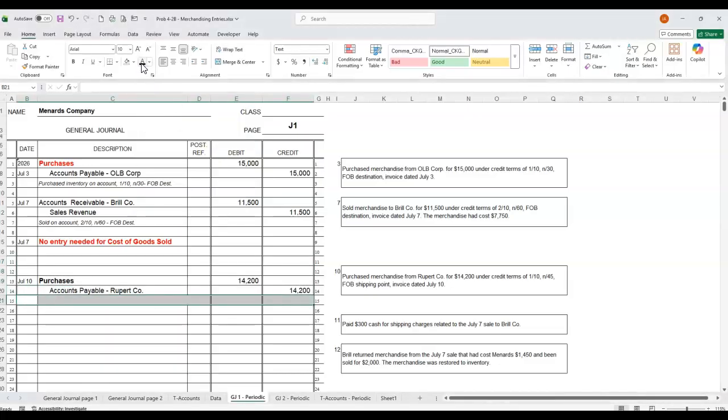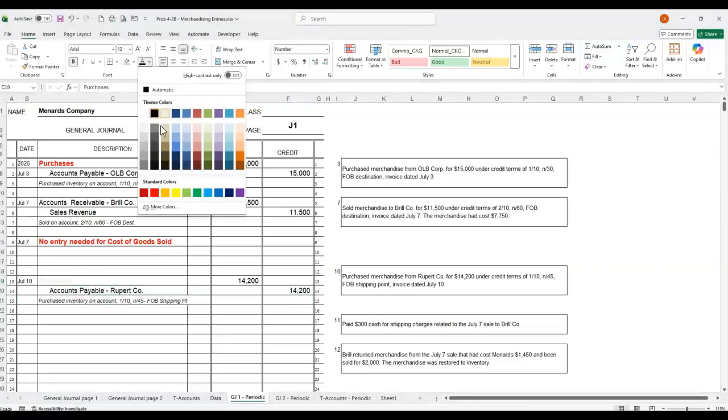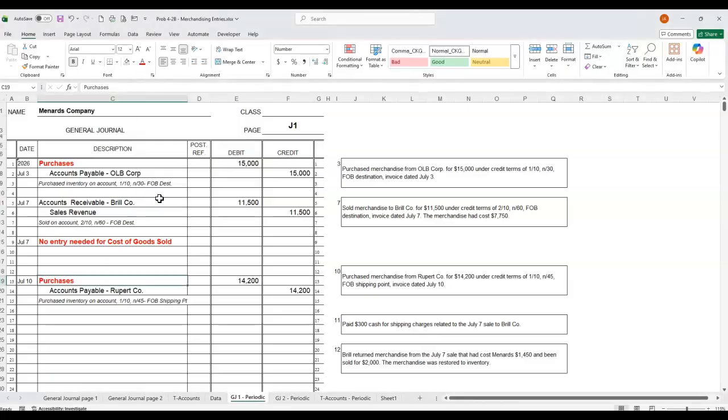Here we purchase again from Rupert Company merchandise for $14,200, credit terms of 1/10, n/45, FOB shipping point. So we should pay the freight. We purchased it from them, but we take ownership at the shipping point, so we should be paying the freight when that comes due.